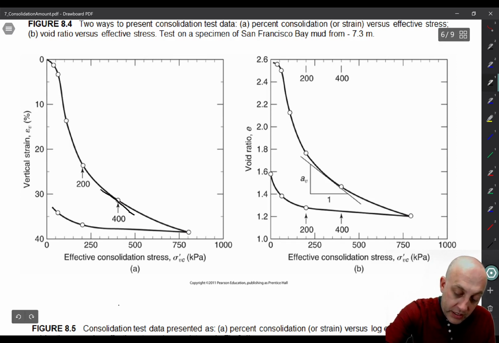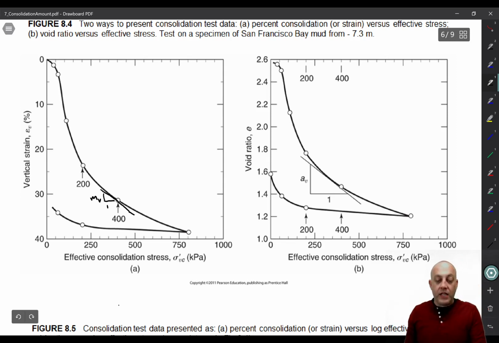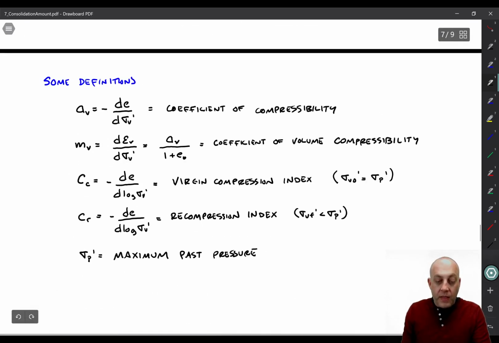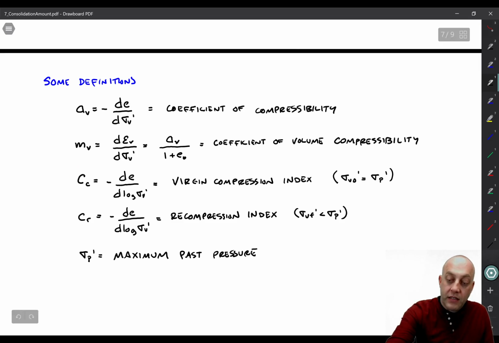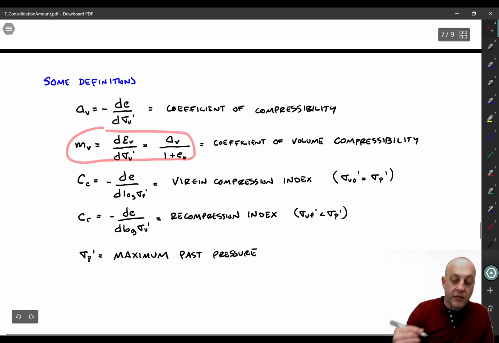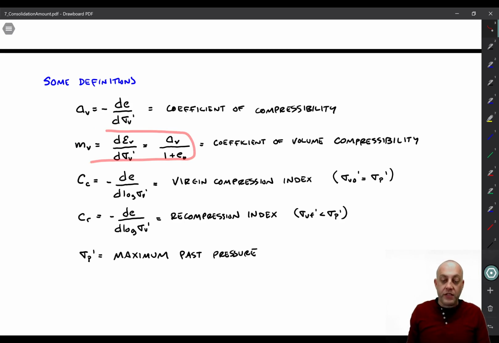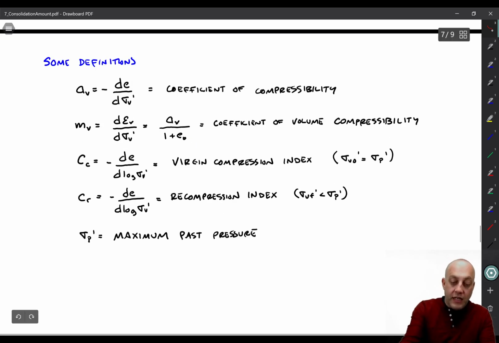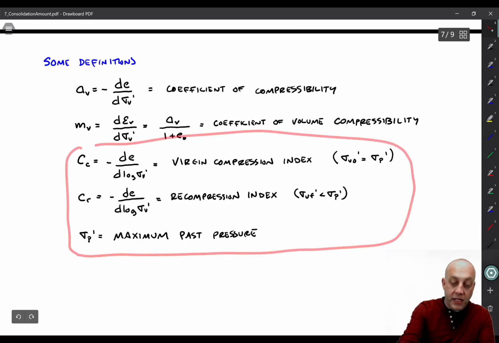That slope right there would be M sub v. A sub v and M sub v are related to each other by our definition of strain. It turns out that M sub v is just equal to A sub v over 1 plus e naught, and that's the coefficient of volume compressibility. All right, the next lesson will further define these last three concepts. I just want to introduce them here.